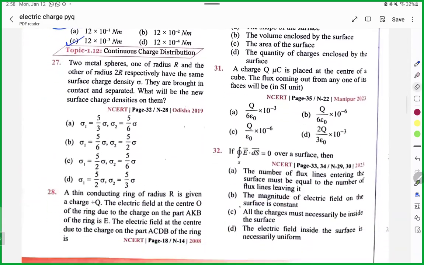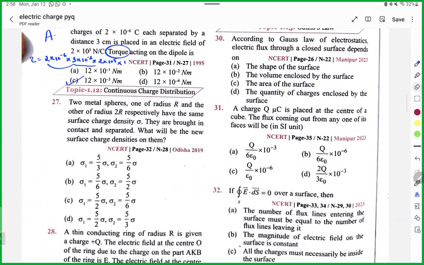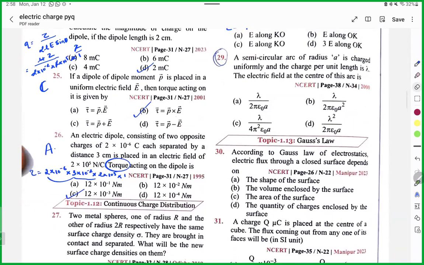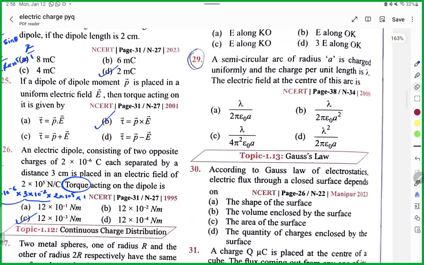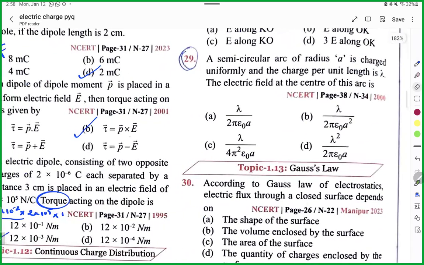Sir, for 29, is it option A? I think it should be a semicircular arc. Semicircular arc angle will be 180, of radius a, uniformly charged per unit length, electric field at the center of the arc. So you know electric field is equal to 2k lambda by a into sin alpha by 2.